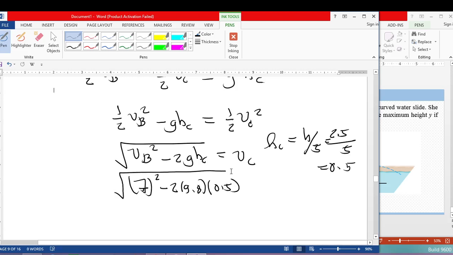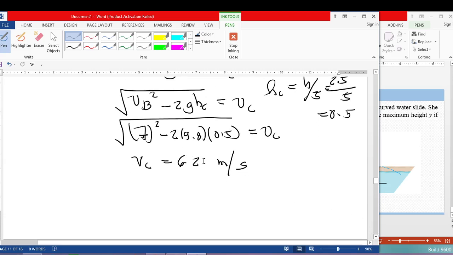So taking the square root, what is the speed of the child at the edge of the pool? That is equal to 6.26 meters per second.